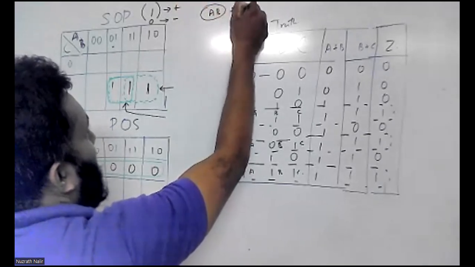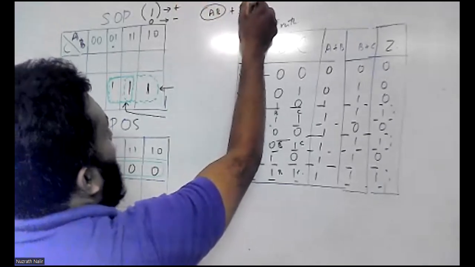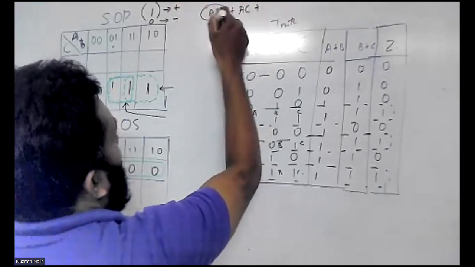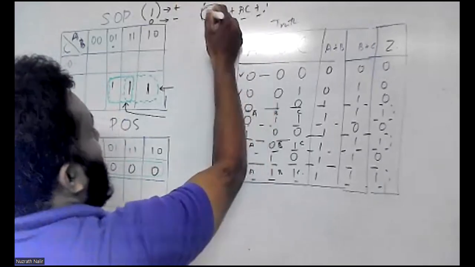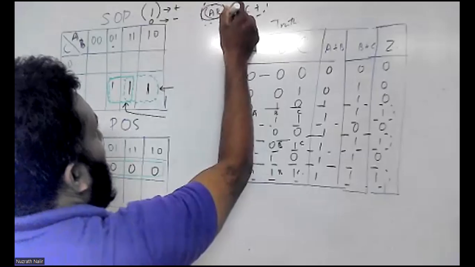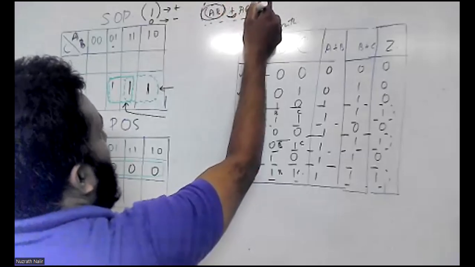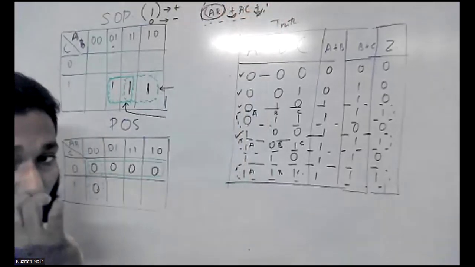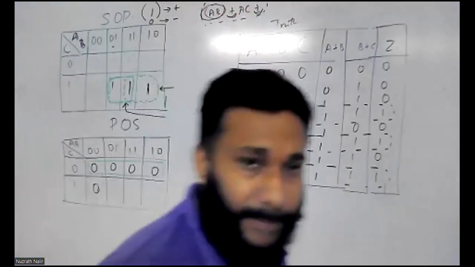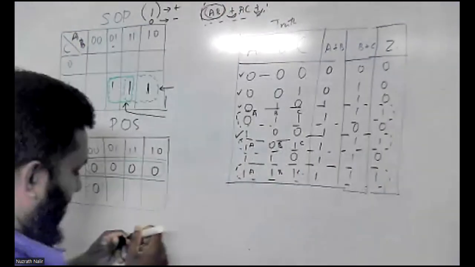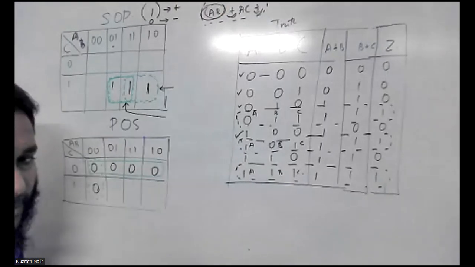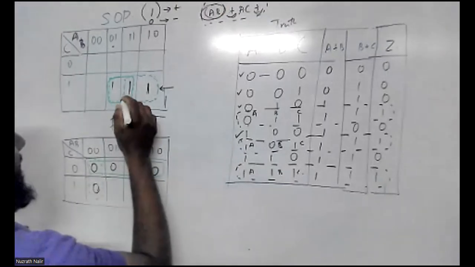AB plus AC plus. So this is what you call a sum of product. So the products are there, and in between the products, you are using a sum. Okay. Now let's see in this manner.